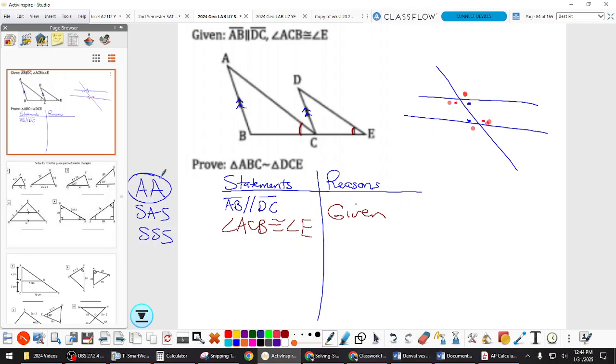Which angle do we know for sure is congruent because of what we are given at this point? Except we can't say angle C because there are technically four angles there. So it'd be angle DCE. Awesome, good job.